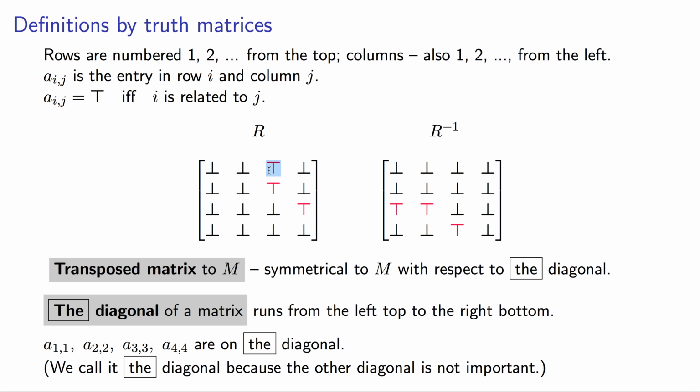This is the entry 1, 3, and 1 is related to 3 in the sense of R. And similarly, on the right, I show the truth matrix for the inverse relation.